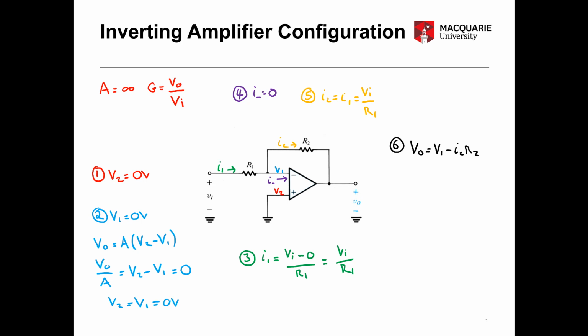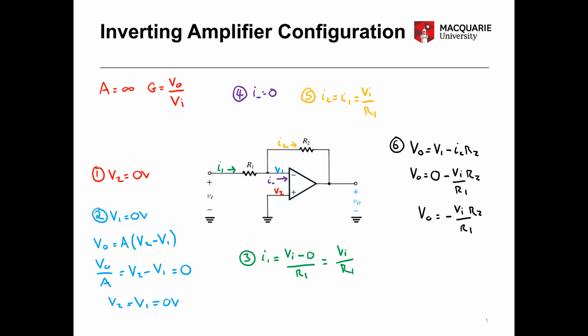So substituting in the values that we already know for this, we know that V1 is equal to 0 volts, so that's 0 minus. We know that I2 is equal to I1, which equals Vin over R1. So Vin over R1 times R2. And now we can say V out equals minus Vin over R1 times R2. So now we have the transfer function of our circuit.